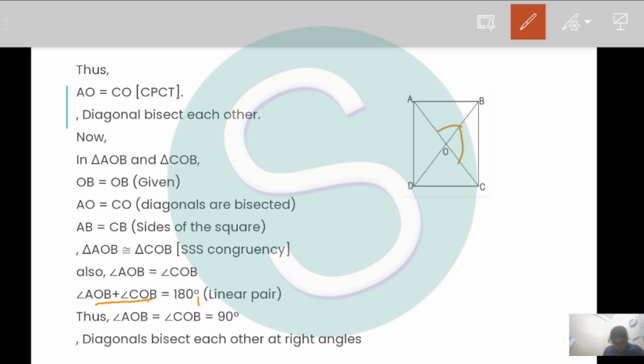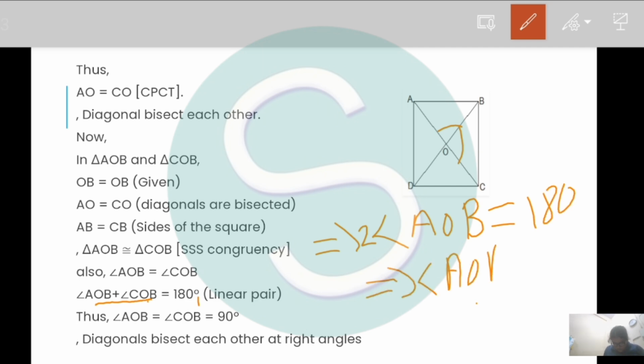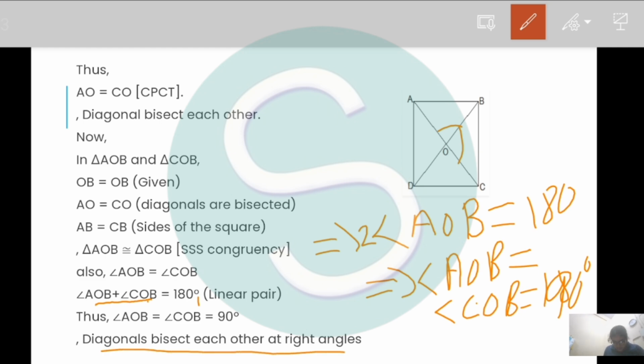So 2 times angle AOB equals to 180 degree, which implies AOB, which is equal to COB, equals to 90 degree. Hence, we proved that diagonals bisect each other at 90 degree.